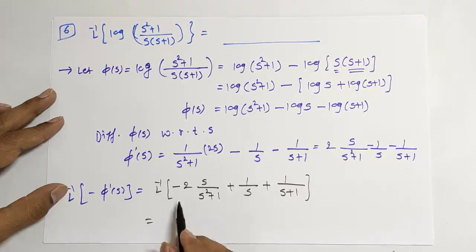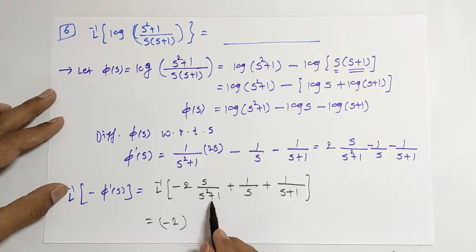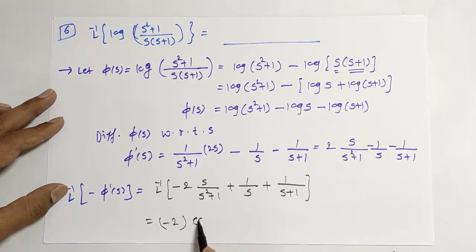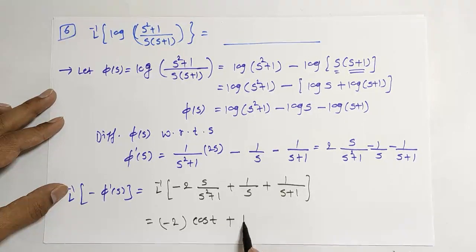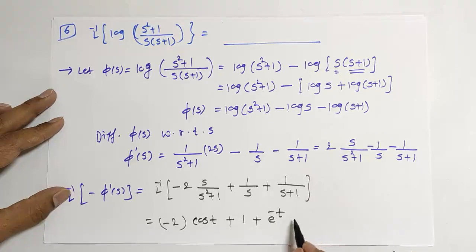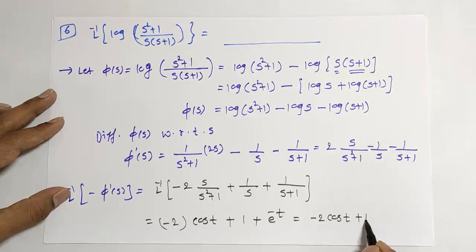So this is equal to minus 2 कॉमन ले लो, right? And L inverse of this term is cos t plus इसका जो L inverse है वो 1 और इसका जो L inverse है e to the power minus t. So this is minus 2 cos t plus 1 plus e to the power minus t.